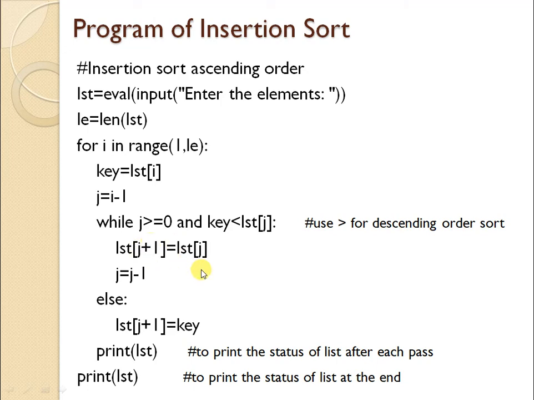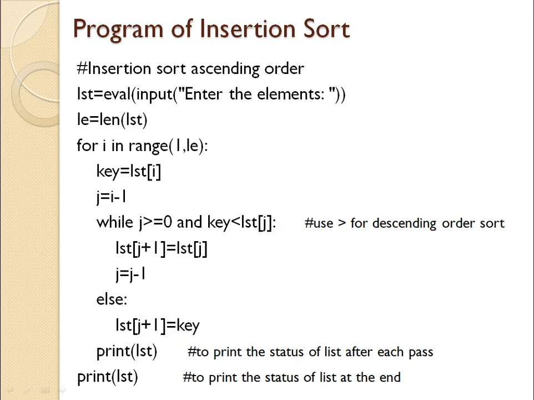That means the values are being shifted. And when you have found the exact position of the selected element, that is LSTI, you put that element at its correct position. After each pass you print the status of the list, and at the end you get the sorted list.